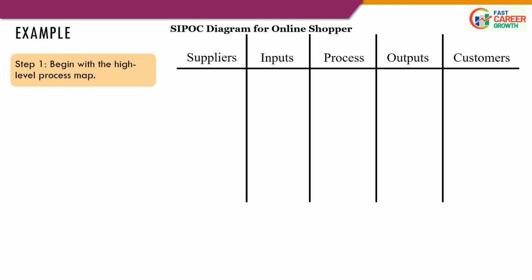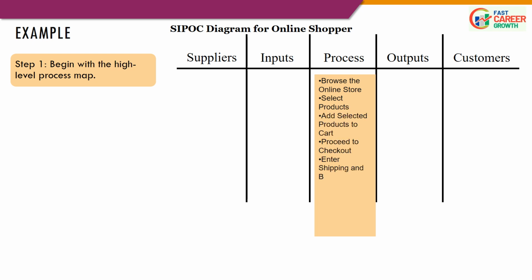Outline the key steps involved, such as browse the online store, select products, add selected products to cart, proceed to checkout, enter shipping and billing information, confirm order, payment processing, order confirmation. Step 2.